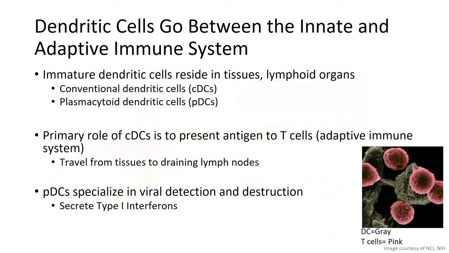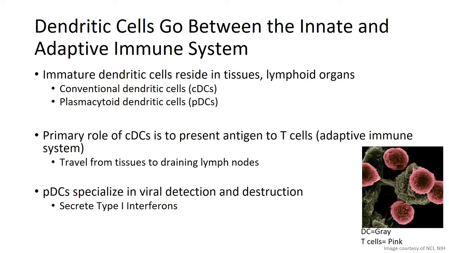Okay. And then finally, we have the dendritic cells, which are very important because they are the go-between the innate and the adaptive immune system. Dendritic cells reside in tissues and lymphoid organs. There are conventional and plasmacytoid dendritic cells. For the conventional dendritic cells, their primary function is to present antigens to T cells, which are part of the adaptive immune system.